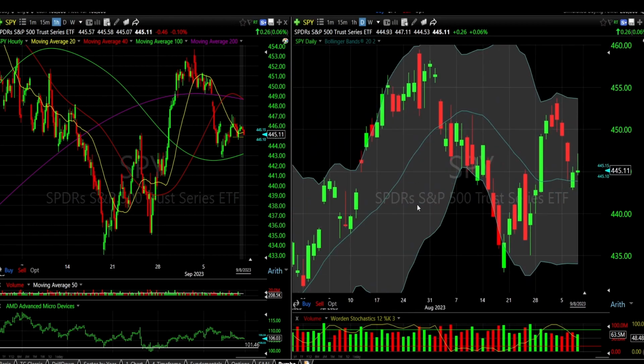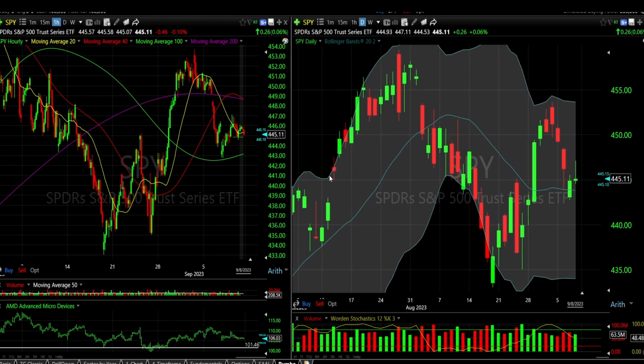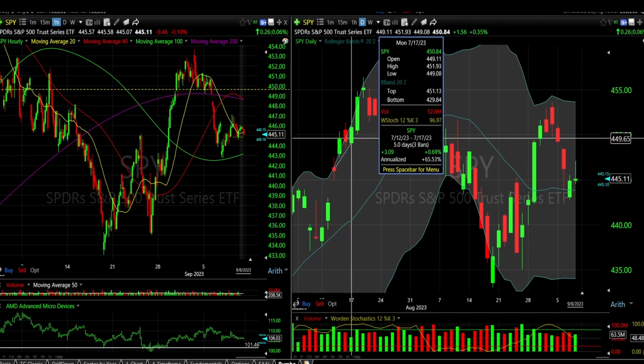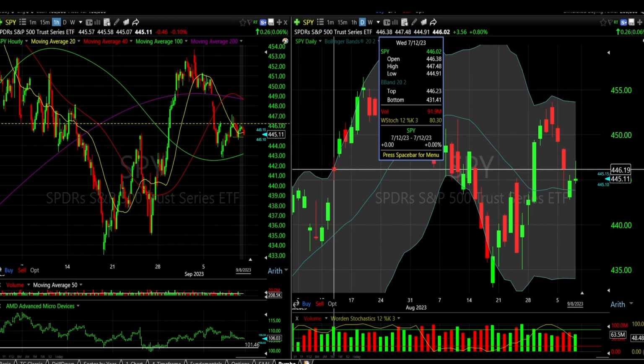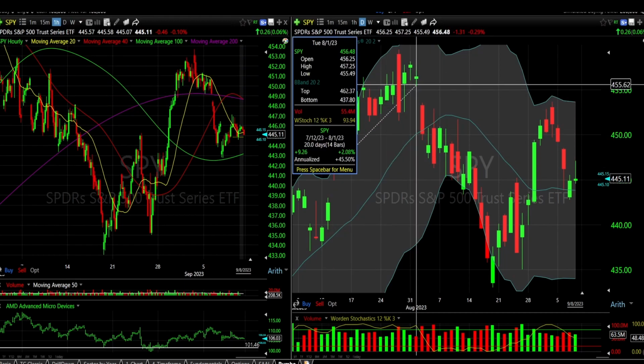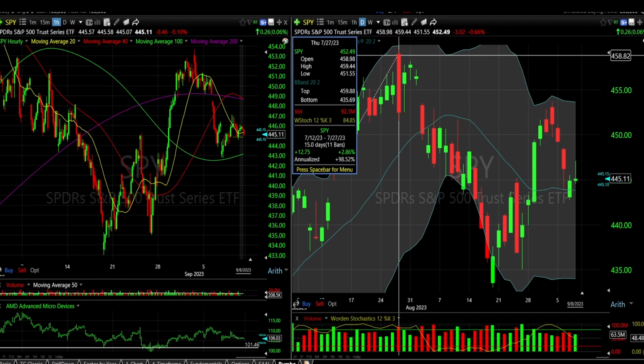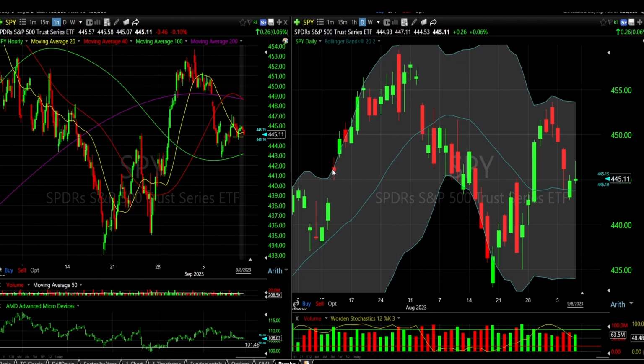Same thing happened in call. As you can see, it was pretty stable. Candlestick broke the BB or Bollinger Bands, and then it went from $446 to $458, 12-point call. The moment this candlestick breaks BB or Bollinger Bands, you buy a call, and again, it'll move upwards for about a week.